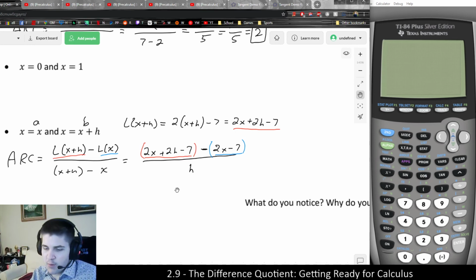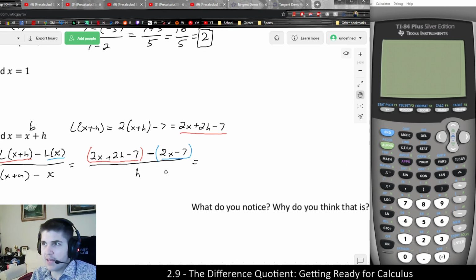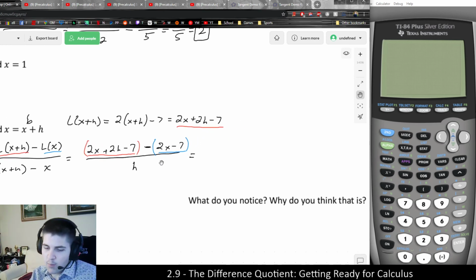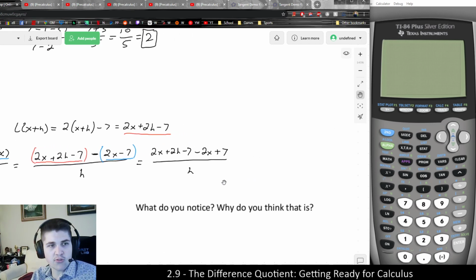If I then apply the distributive property, what I get is 2x plus 2h minus 7, this would become minus 2x, and this would become plus 7. What you'll notice is there is a strong cancellation here because I have a 2x and a minus 2x, which of course cancels.